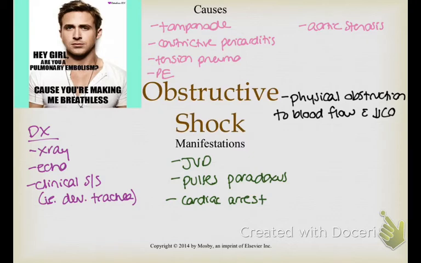So it pushes all that, and you have blood vessels like this normally, and because it's being pushed, now your blood vessel gets closed off. So the worse the tension pneumo, the worse it is. You can have something like a cardiogenic shock because a tension pneumo is pushing on it but not causing complete obstruction, so it's decreasing the cardiac output. But if you have a tension pneumo that's not corrected, it can cause complete obstruction.